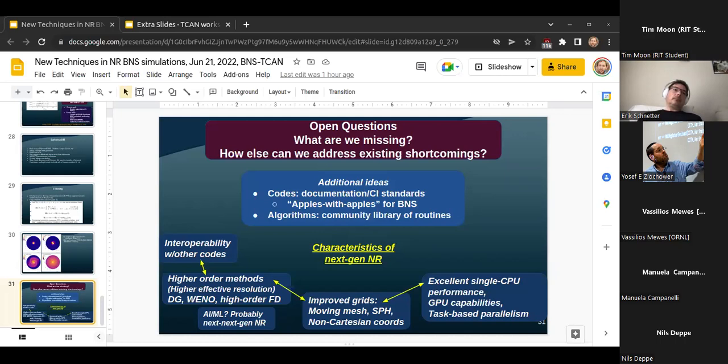But I guess there's an opportunity there that should at least be considered. And I haven't followed all the new CarpetX development too closely, but from what I've seen last week at the ETK workshop, that all looks really exciting, and might definitely be a step forward.